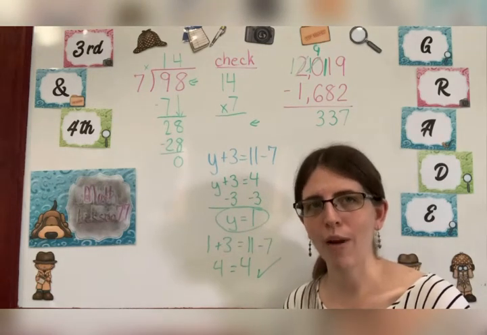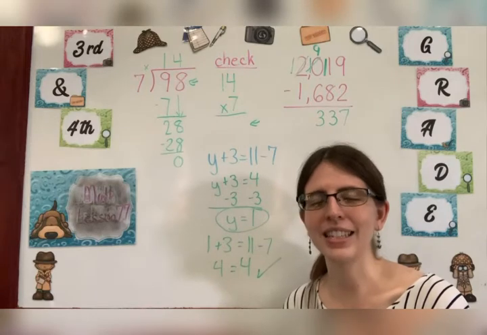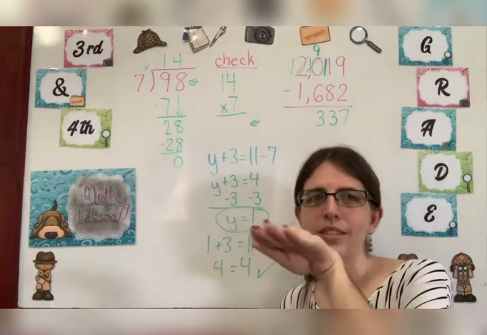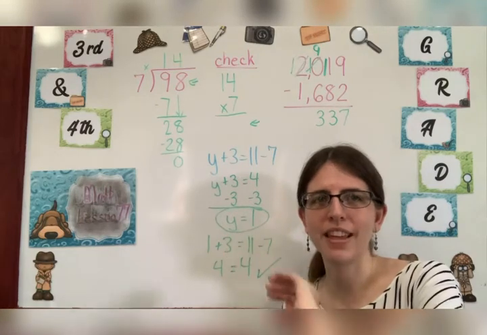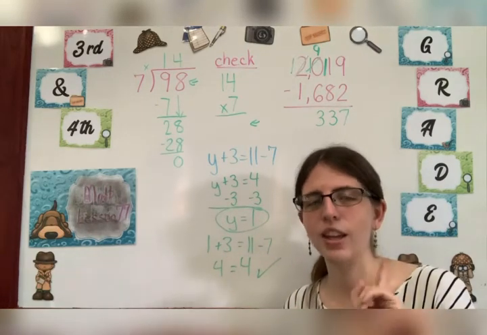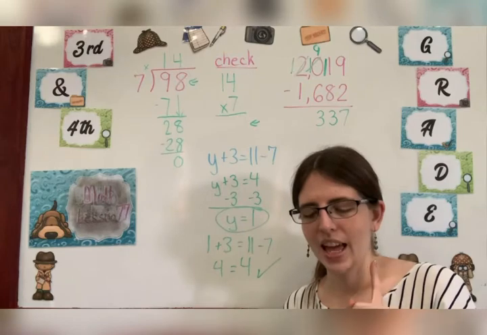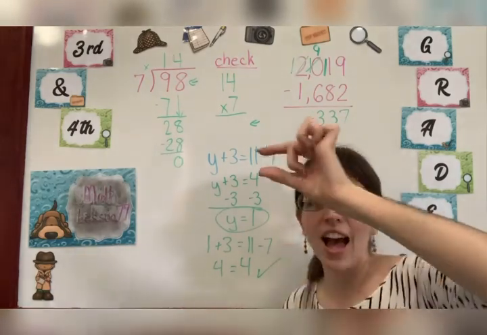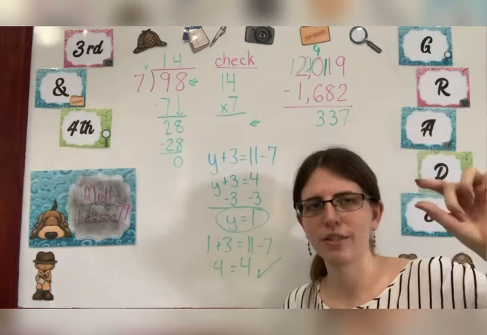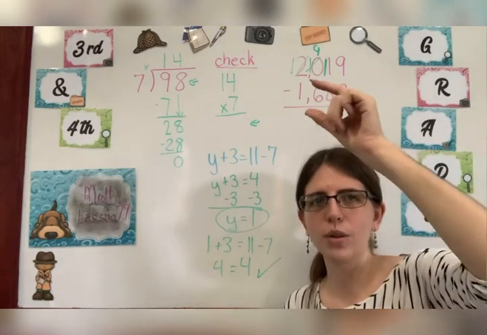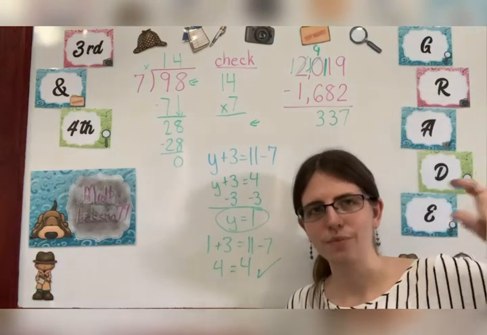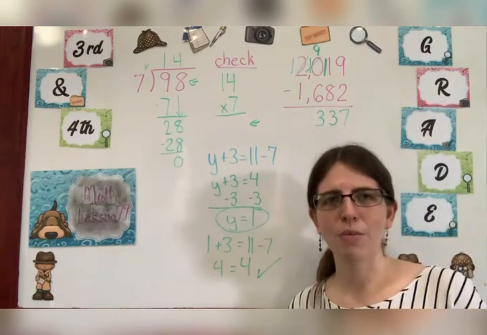So in your array, 7 is either the columns or the rows, and whichever one it is, then the other one is 6. For example, I could do 7 rows of 6 stars, or I could do 6 rows of 7 stars. And that would be my array.